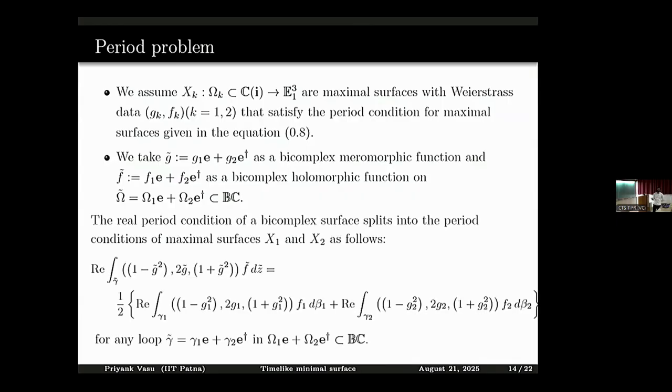Now, the real period condition which we have defined for the bicomplex number is beautifully converted into the period problem in the first maximal map. This is the first maximal map here, and this is the second maximal map here. So if we know the solution of the period problem in maximal surfaces, then we can solve the period problem for the bicomplex map.